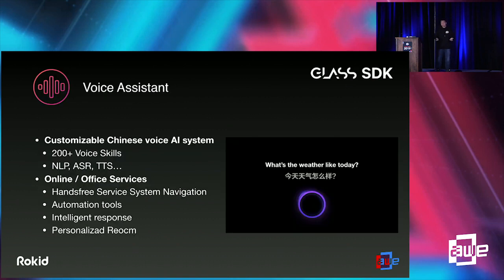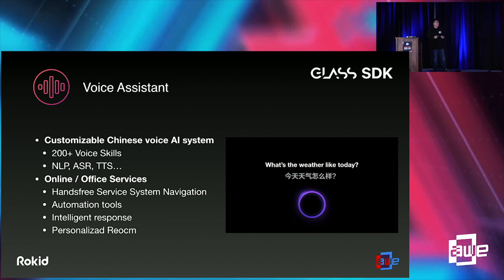Next, Rokid provides a customized Chinese voice AI system. It connects to more than 200 voice skills you can activate anytime on your AR glasses. Behind that, we have our own patented NLP, ASR, and TTS algorithms. We also provide online and offline services.